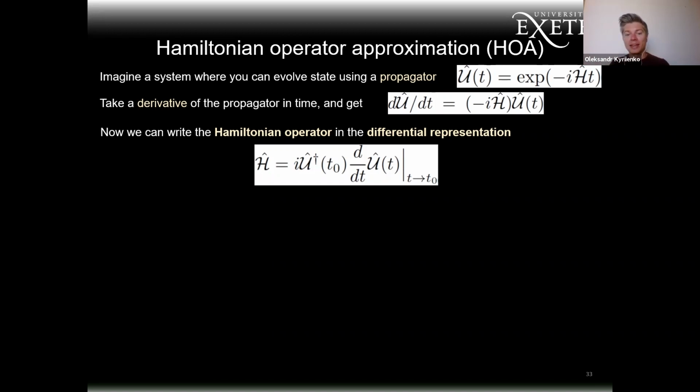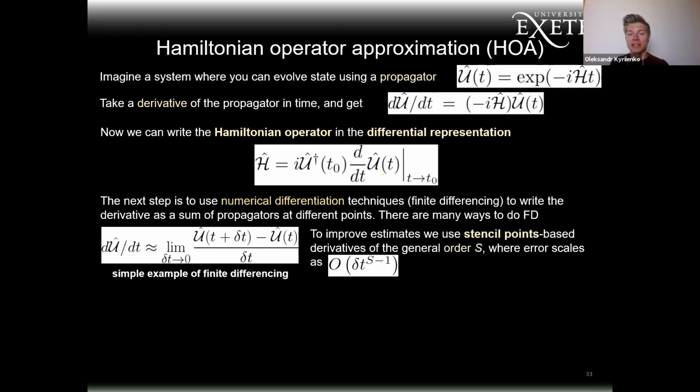But in any case, when we have this representation, the question is, of course, how do you deal with this derivative? And the Hamiltonian is general. So for a general Hamiltonian, you would need a finite differencing approach. You take a unitary operator at some shifted time and the original time, and divide by the difference.